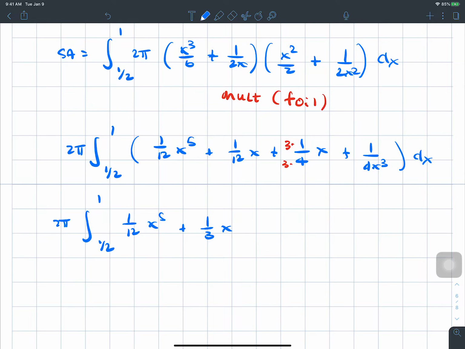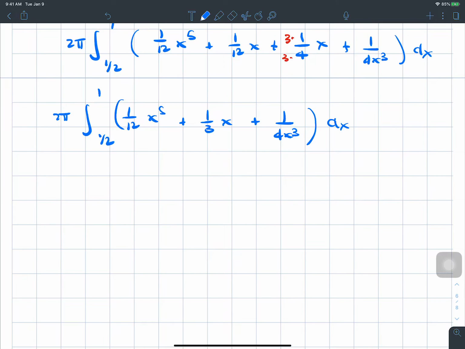And this is plus again. Plus 1 over 4 x cubed. Okay, 1/12 x to the 5th plus 1/3 x plus 1/4 x cubed.